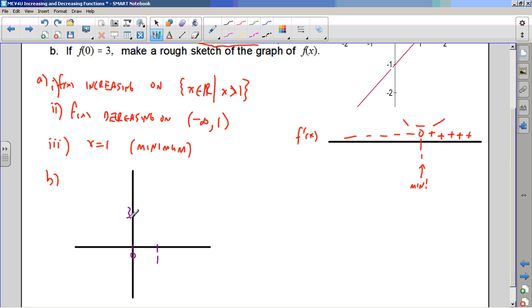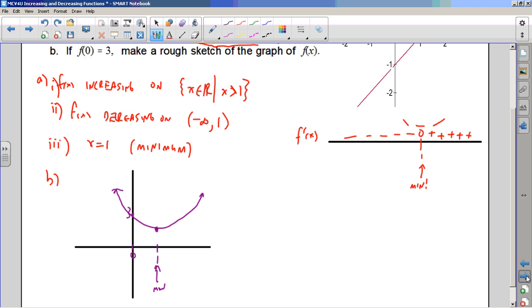So f of 0 is 3, and it decreases until x equals 1. We don't know if it goes below the x-axis or not. We got no idea otherwise. But we know that that's a minimum, right? The minimum occurs there, and then it starts increasing after that. Maybe something like this, right? Maybe something like that. That's it.